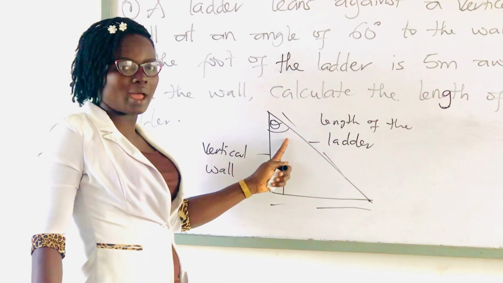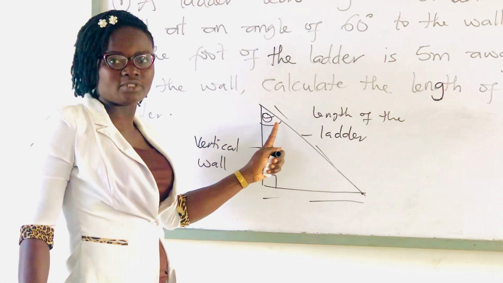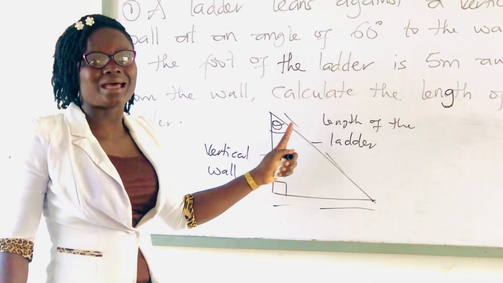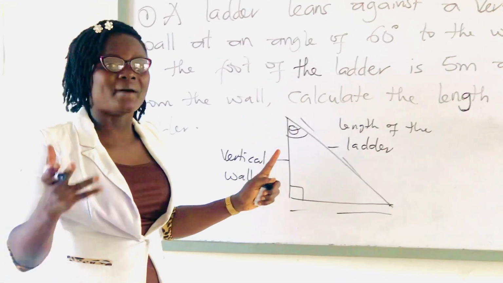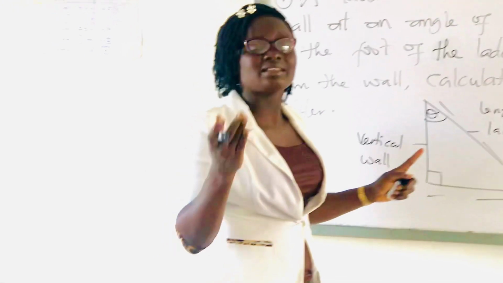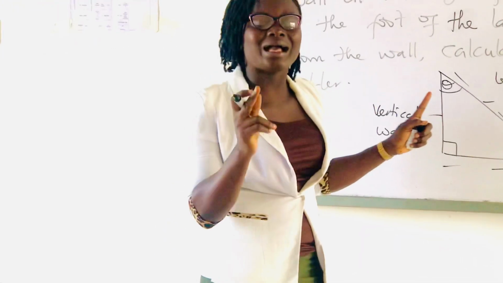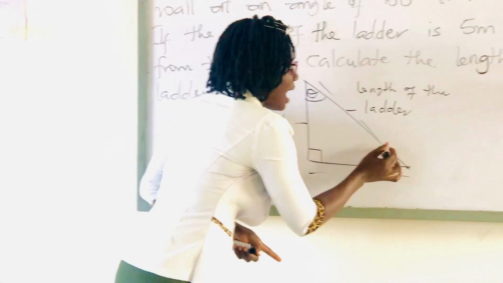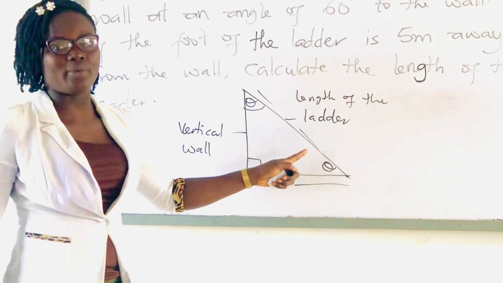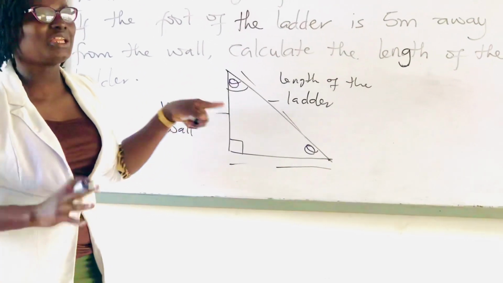If the ladder makes an angle to the wall, this is where your angle will be formed. But if they say that the ladder makes an angle to the ground, this is where our angle will be forming. So take note of this.